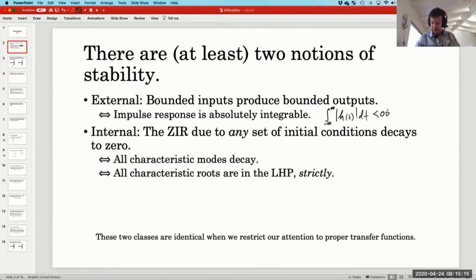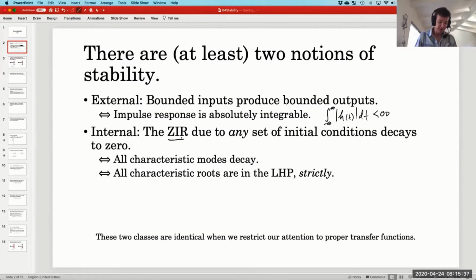Internal stability has, as you might expect, to do with the internal workings of the system. That is, an internally stable system will have nice responses in the absence of external stimulation. So that's why we talk about the zero input response when talking about internal stability.